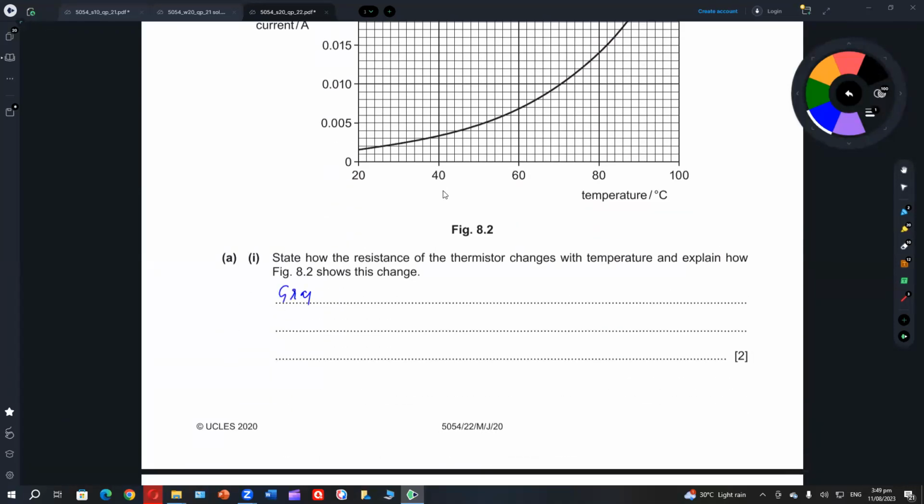The graph is bending towards current axis.